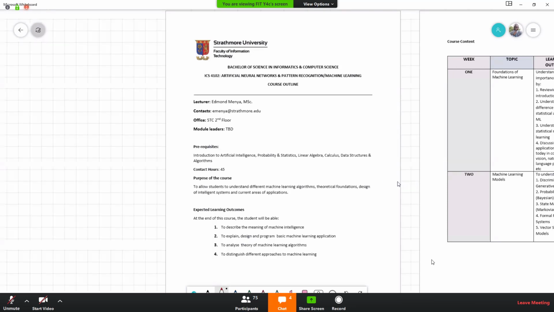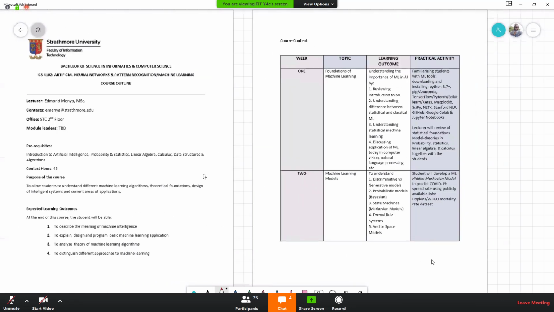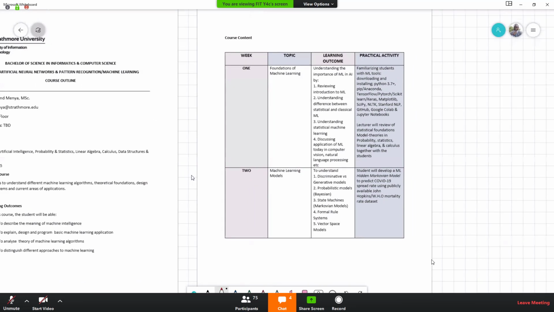So very fast, to go to the other side of the outline, you see just what we'll be doing, where we are going to start and how we are going to flow. We start by exploring the foundations of machine learning, reviewing what we already know, and then taking introductions right here. Then we are going to confirm that the things we installed in our machines are actually there, and we'll add a few more for NLP and also for computer vision and image processing.